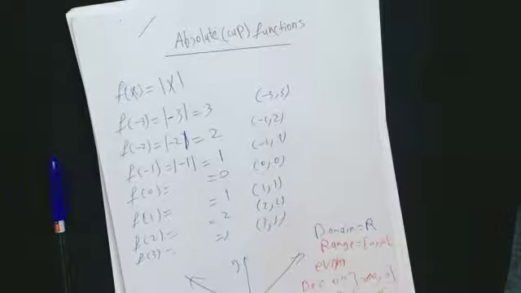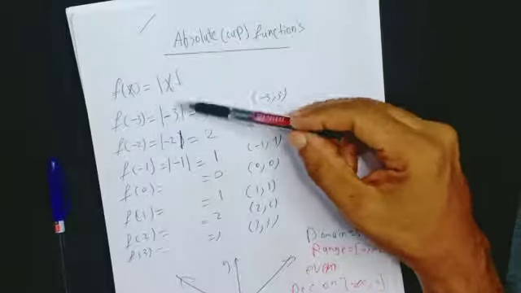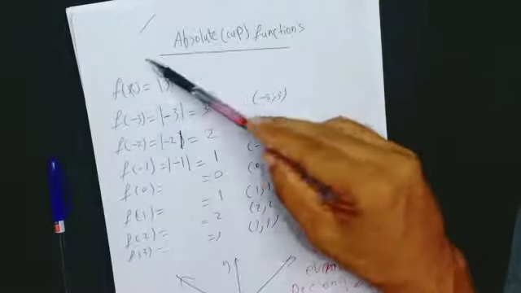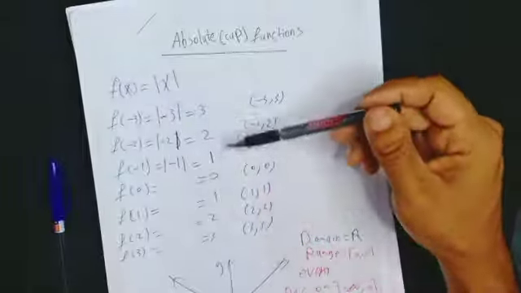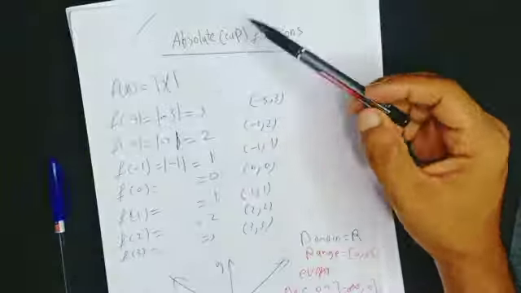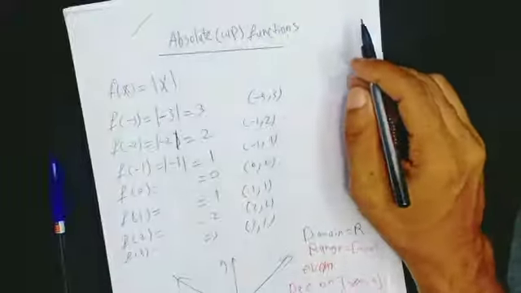Okay. This function is regarded as the parent function. We can generate another function from this function after we do some translation, rotation, reflection or even stretching. Okay, we shall see this after that.